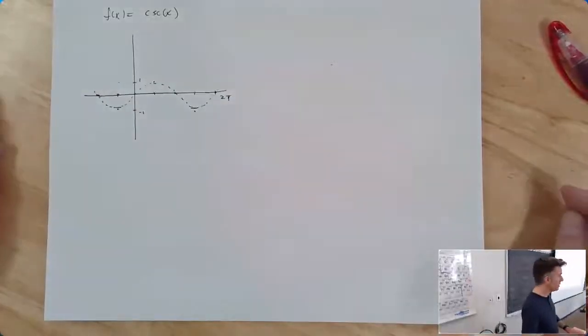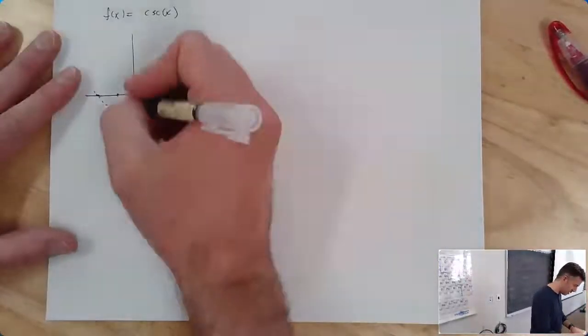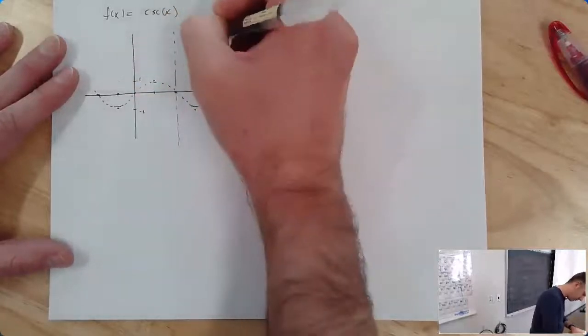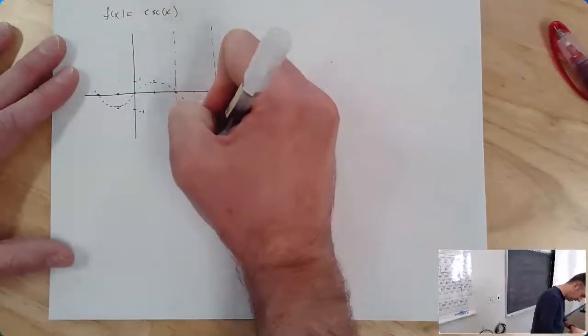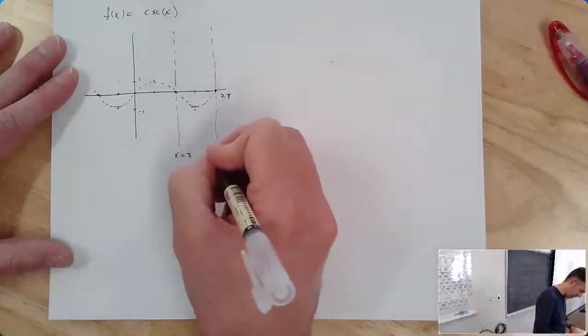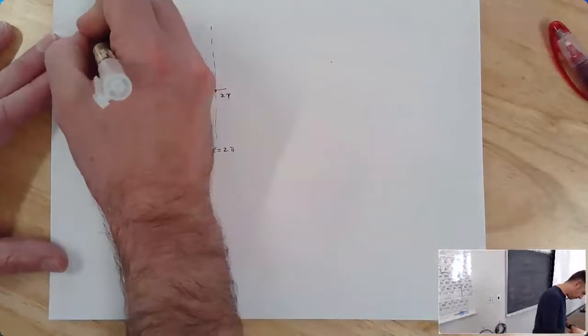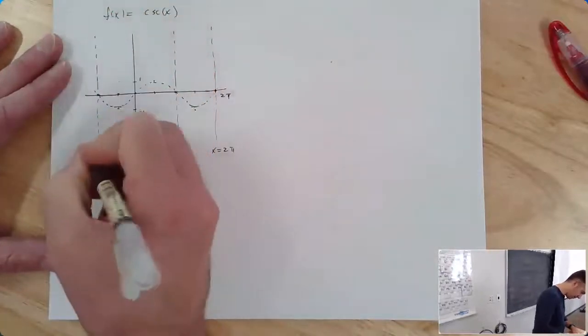And then when I'm graphing cosecant, I'm just using my zeros as vertical asymptotes. We have vertical asymptotes at x equals pi, x equals 2 pi, x equals 0, x equals negative pi.